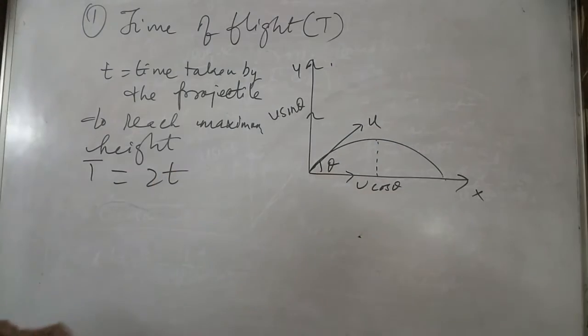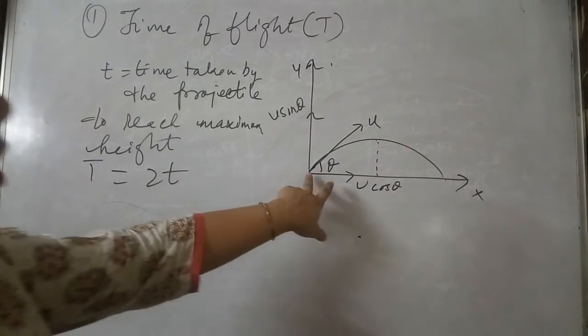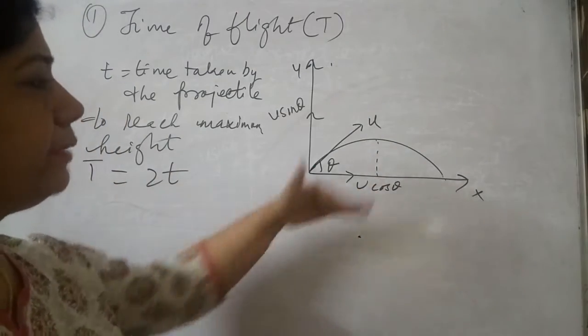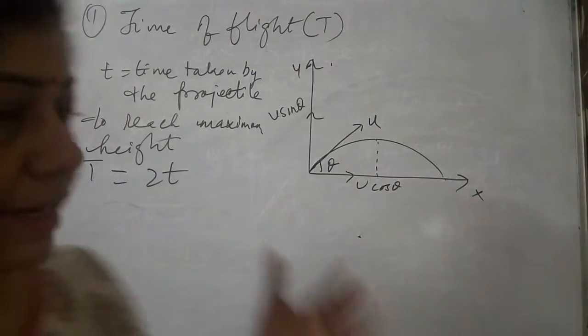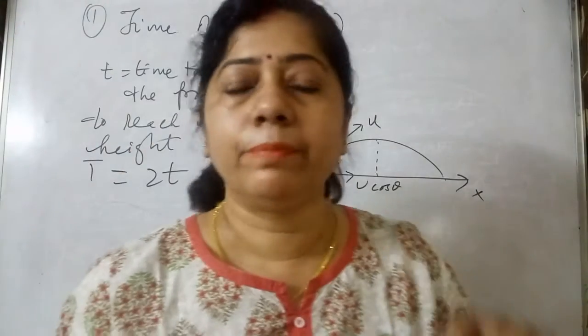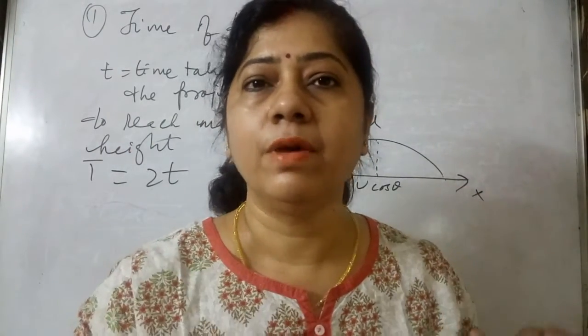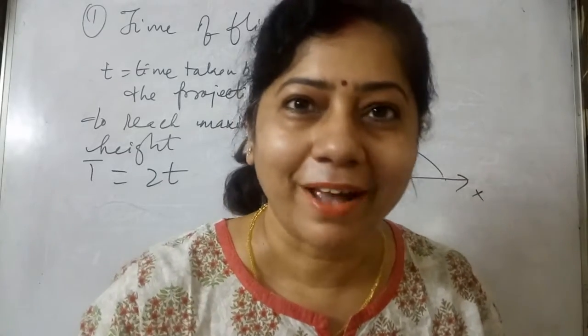This is very simple to understand. Small t is the time taken to reach from here to here, so if we want to find the total time, it is double of what we get going up. So we use the formula v equals u plus at to get the time taken by the body to reach the maximum height.